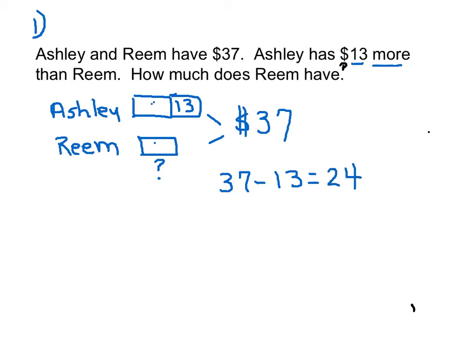So in the two boxes altogether, there are 24. To find out what is in one box, I would split 24 into two equal parts. And of course, that would be 12. So there's 12 in each of those boxes, and I want to know how much Reem has. So Reem has 12.